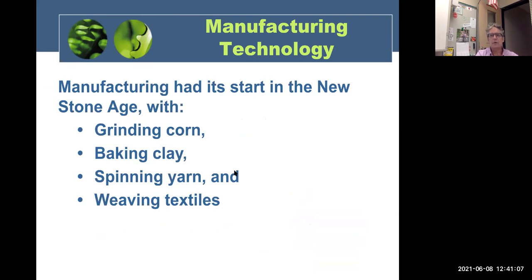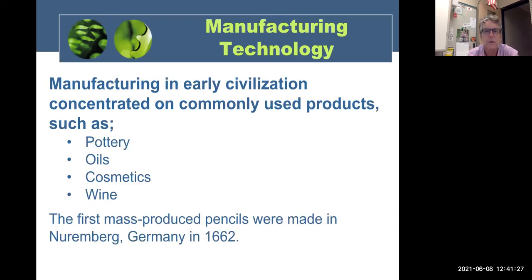Manufacturing had its start in the Stone Age, the new Stone Age, compared to the old Stone Age. I didn't know we had an old Stone Age. Grinding corn, baking clay, spinning yarn, and weaving textiles. Those are all how manufacturing started.